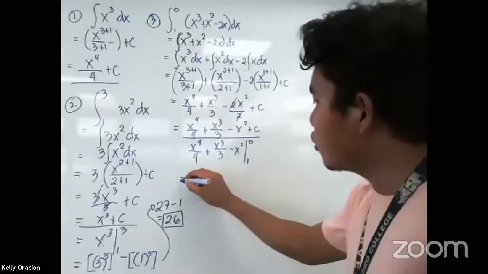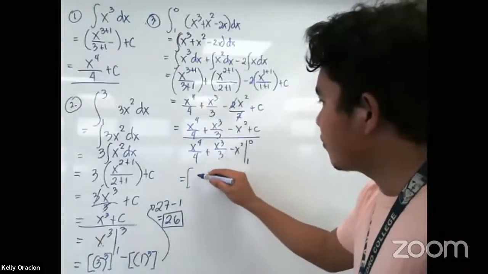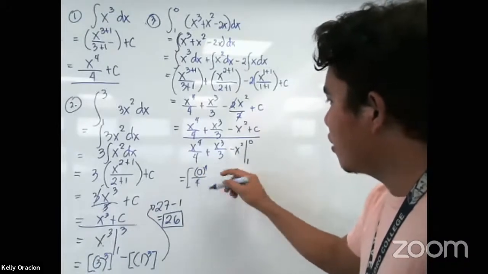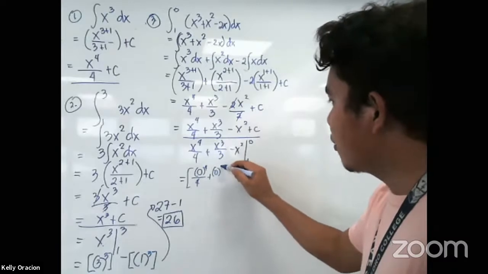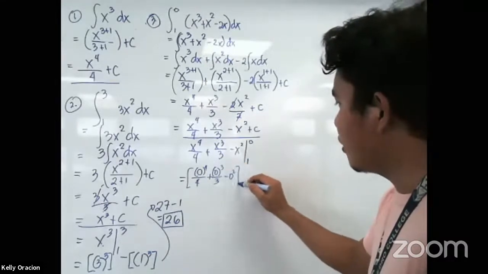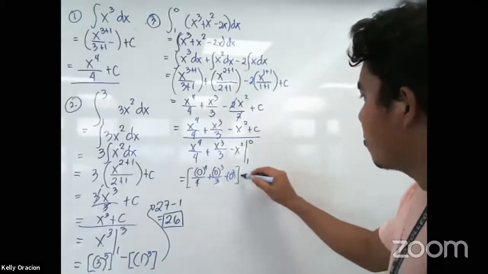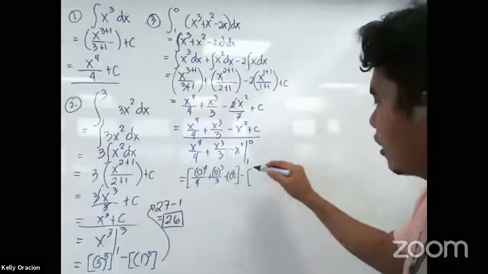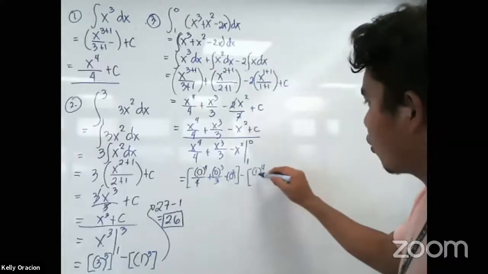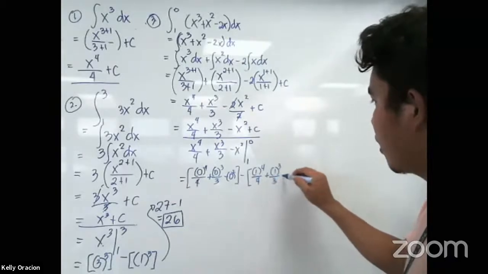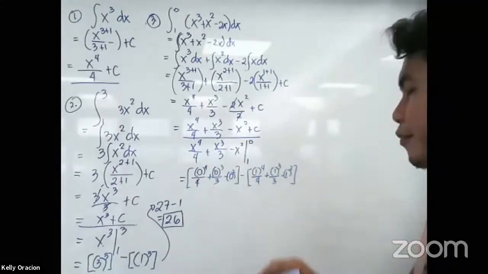So substitute, so you have 0 raised to 4 over 4 plus 0 cubed over 3 minus 0 squared, minus 1. The lower limit is 1. So 1 raised to 4 over 4 plus 1 cubed over 3 minus 1 squared.